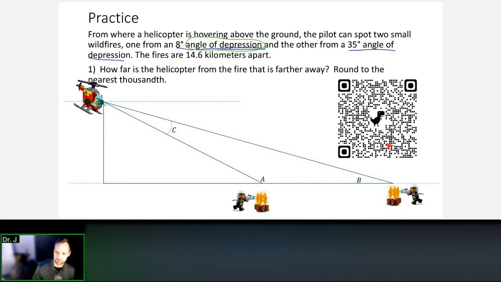Anybody else other than those three people? Well, remember, we have two angles of depression. There's an 8-degree angle of depression, and then there's a 35-degree angle of depression.